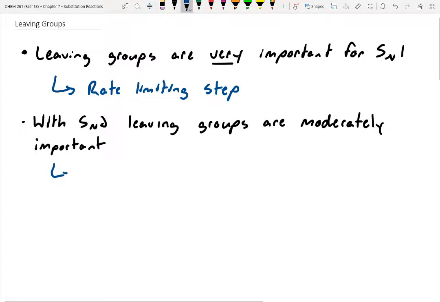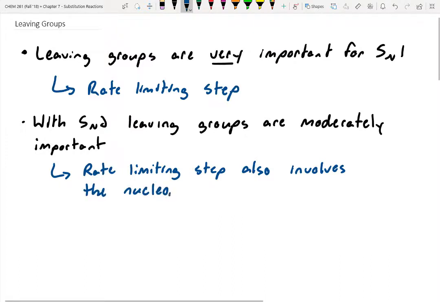So the rate limiting step also involves the nucleophile. So for SN1, it's very important. For SN2, it's moderately important. That is to say, it's not important for SN2. It's just less important for SN2. Does that make sense? All right, so let's do some leaving group comparison.